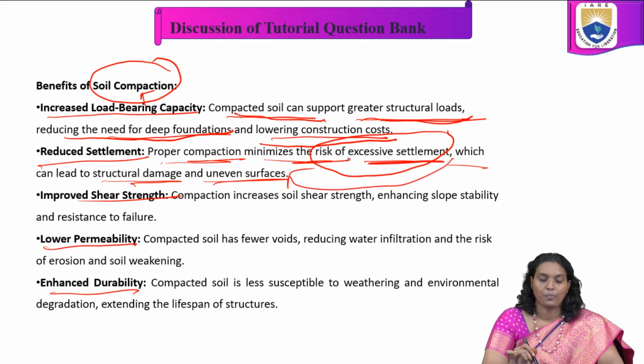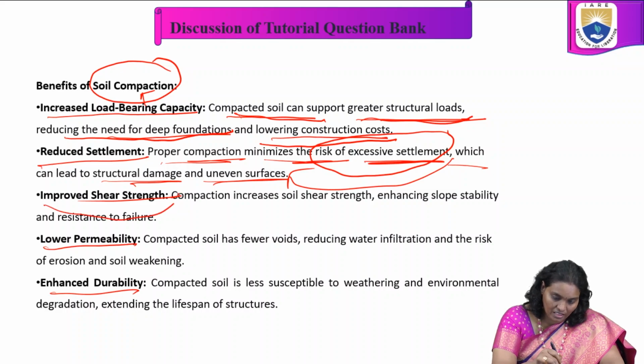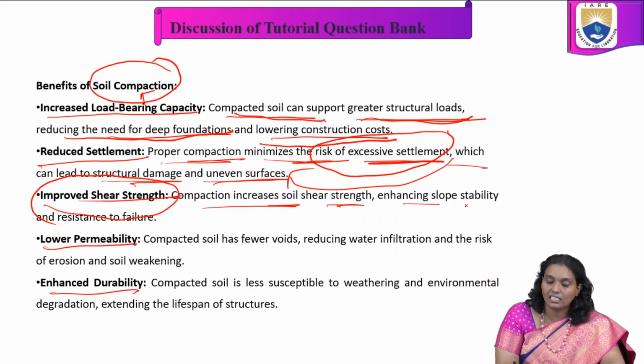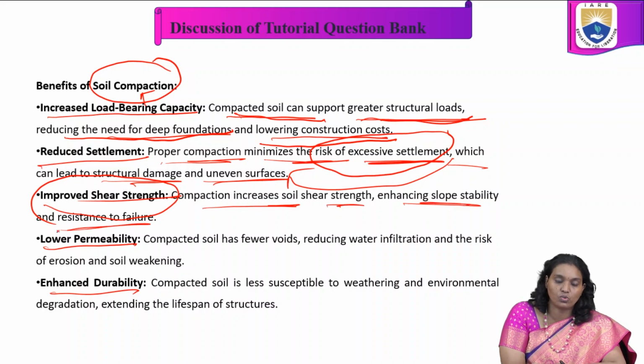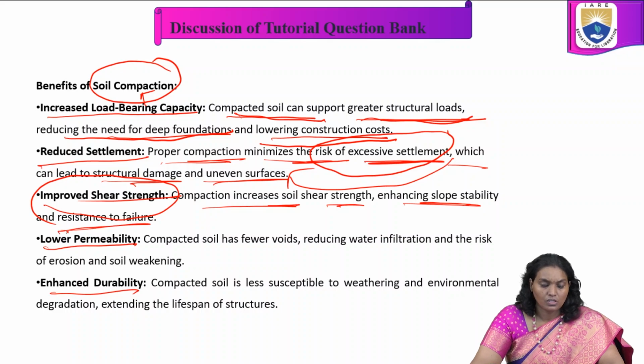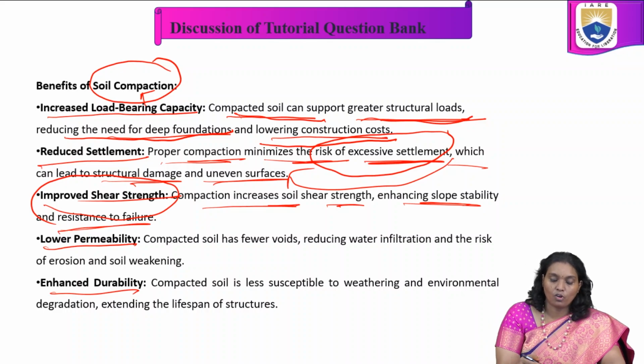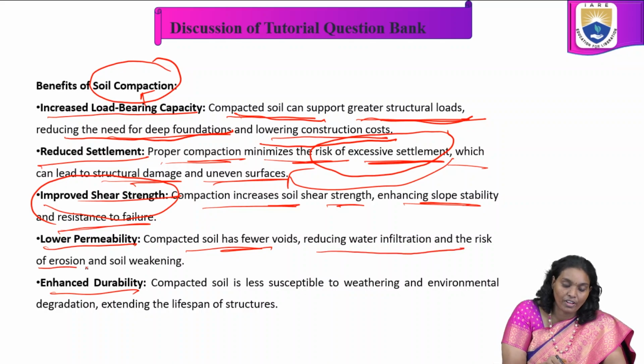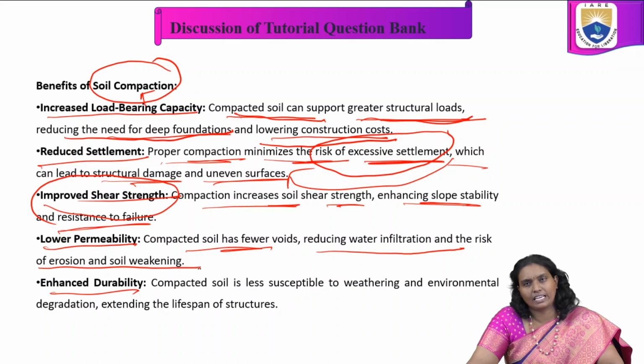Now, improved shear strength. Compaction increases soil shear strength, enhancing slope stability and resistance to failure. In lower permeability, compacted soil has fewer voids, reducing water infiltration and the risk of erosion and soil weakening.